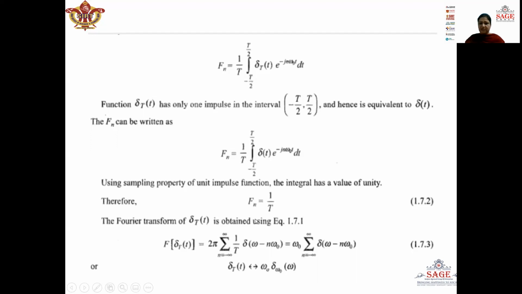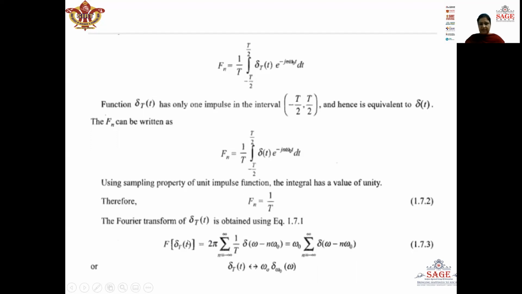Now substituting this value of F_n in the formula, we will get 2 pi summation 1 upon T delta(omega minus n omega naught). We already know 2 pi by capital T is omega naught, the angular frequency. So we get omega naught summation delta(omega minus n omega naught).